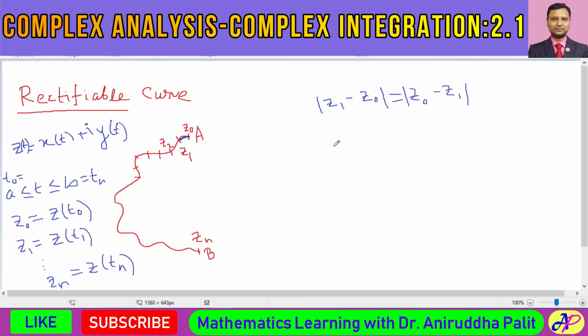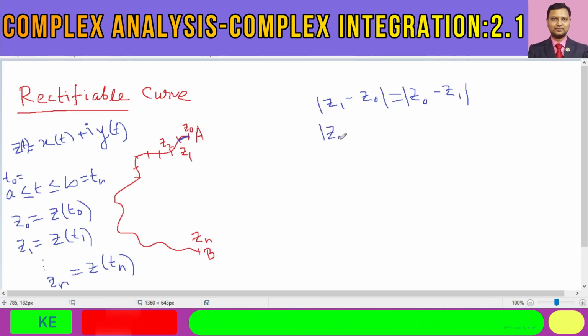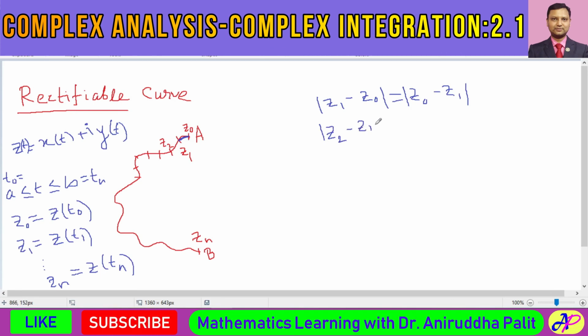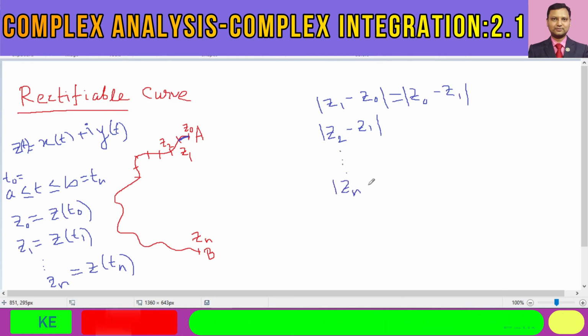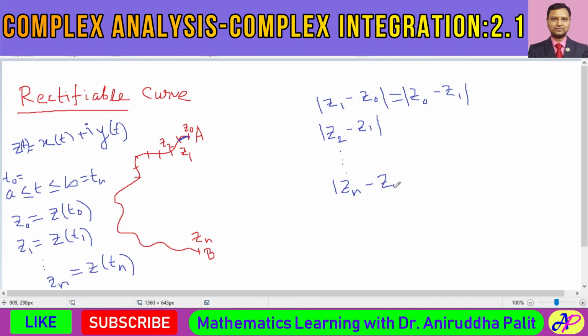Now in that case, you see this is the length from the point z0 to z1. Then the second length would be equal to modulus of z2 minus z1 and so on. Finally, the last length would be equal to modulus of zn minus zn minus 1.